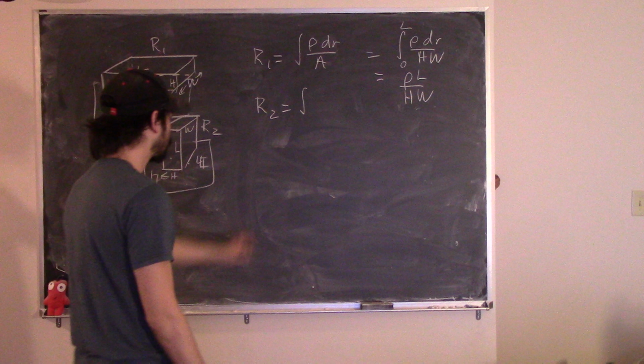Now we want to use the condition that I2 is going to be 4 times I1. And so that says that I1 R1 is going to be equal to 4 times I1 R2. We can cancel our I1s.